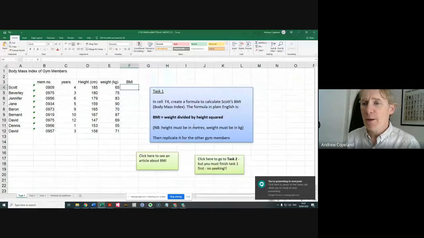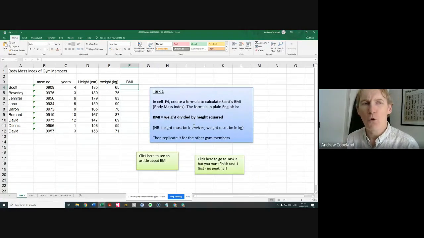So BMI is a measure of whether your weight is normal, or you're overweight, or even obese, or you're underweight, and it takes into account your height and your weight. Because somebody that's, say, 12 stone, if they're 6'5", that's probably quite a healthy weight.